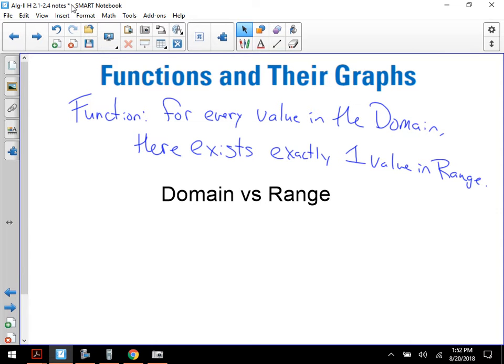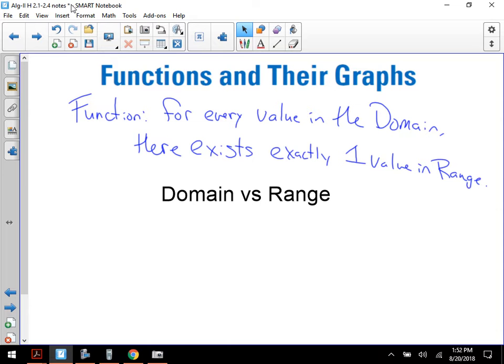Basically, that means for every value you put in, you get exactly one value out. For every input, you get exactly one output. You can't input one value and be in two places at once. Therefore, it's no longer a function.